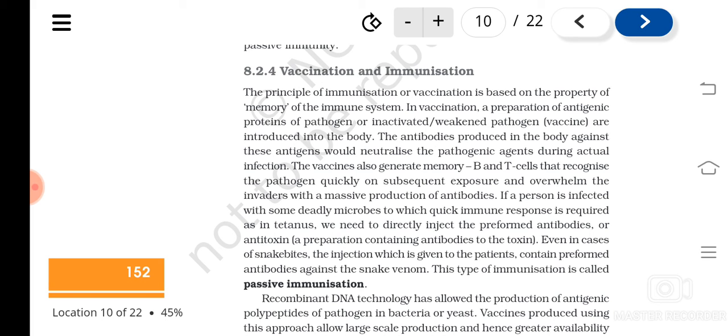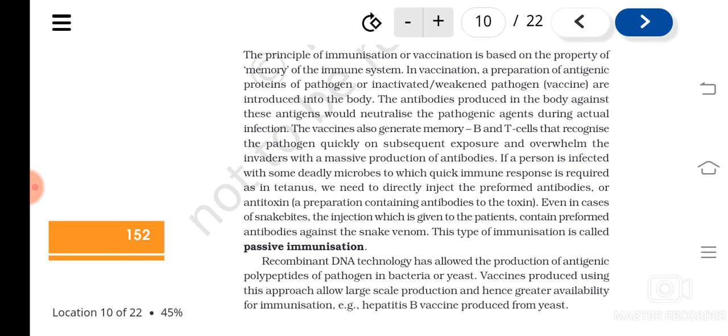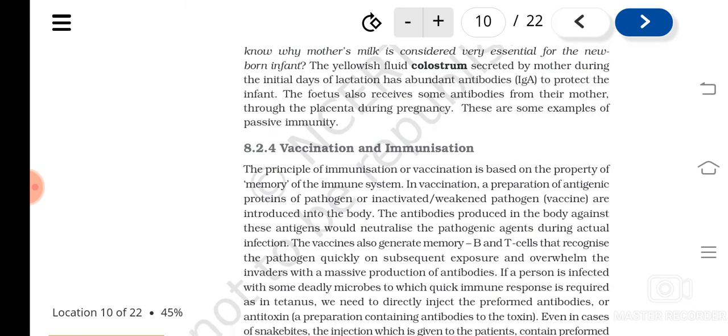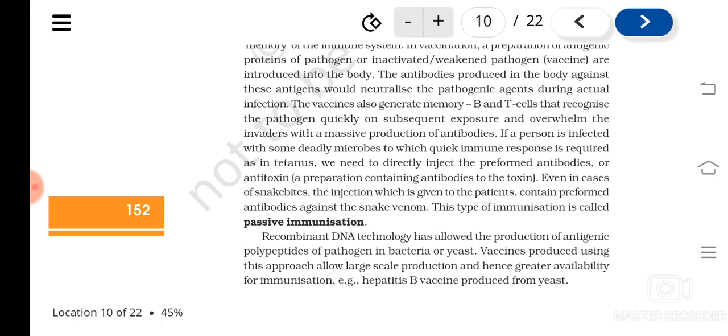So in that case we can give the already prepared antibody. That kind of immunity is known as passive immunization. Okay, passive immunization. And active immunization's example is vaccination, isn't it? So by this we are giving immunity.